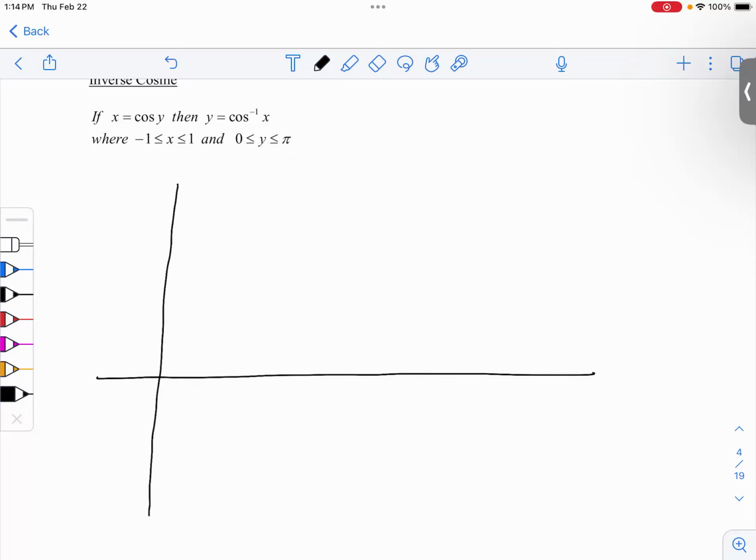All right, so again, I'm only going to do half a period because the inverse has a restricted domain.